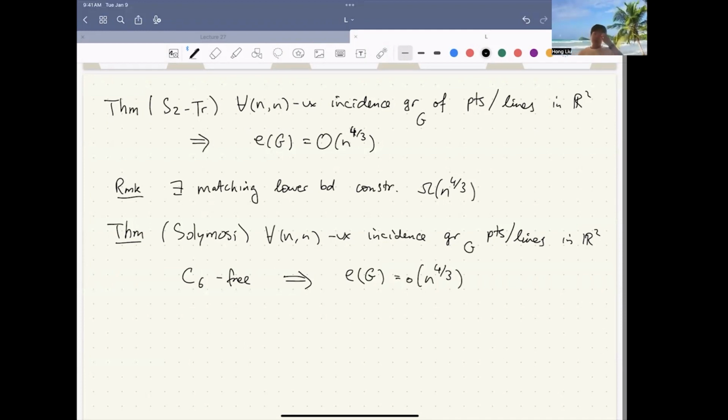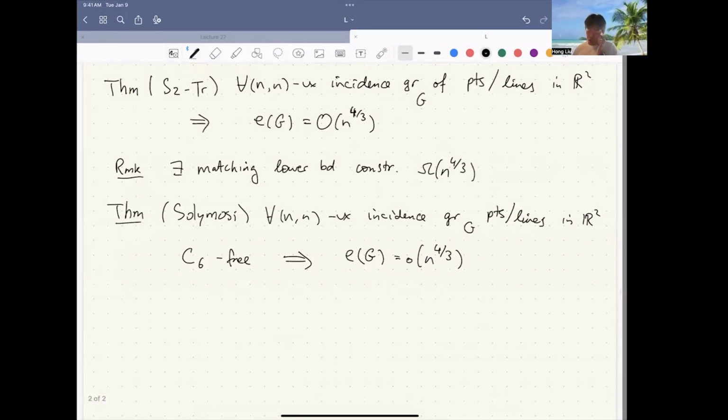And we can improve the upper bound a little bit. And as I said last time, it is conjectured, still open, that under the same condition, one can do better, polynomially better. So this is not known.